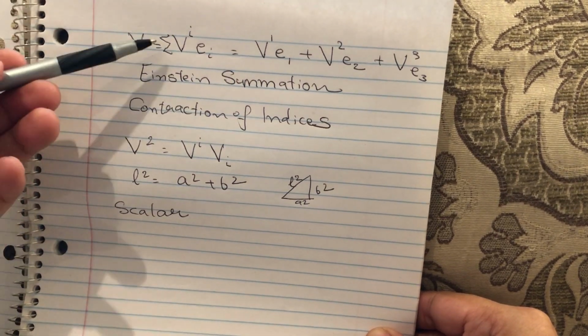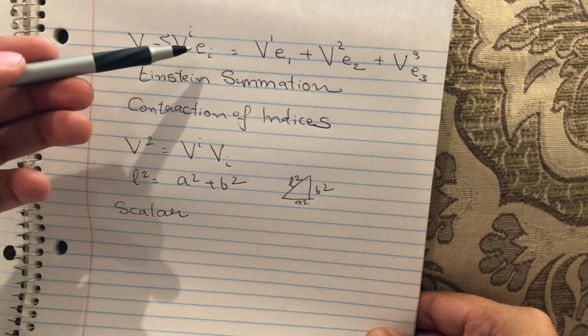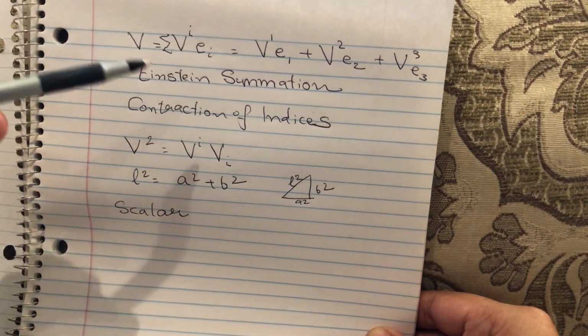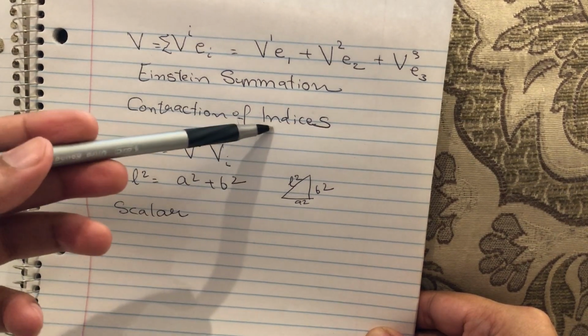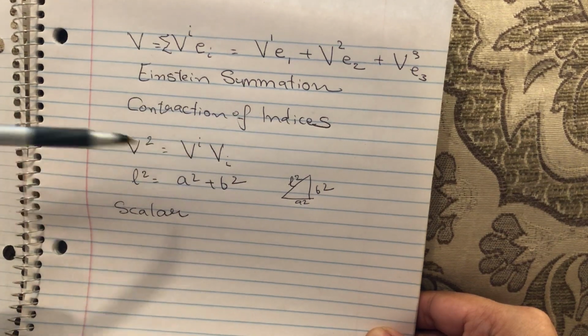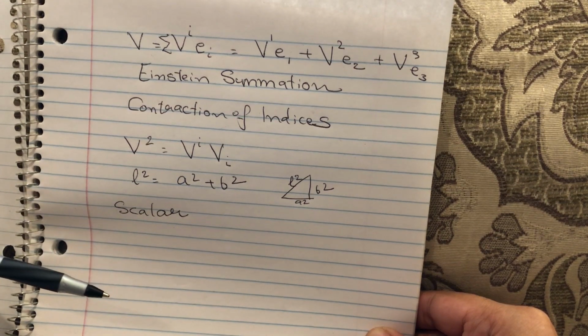But Einstein said, I don't want to keep writing these. It's implied when there is an upper and lower index. That's what it means. The other thing you will see is contraction of indices. You will see these indices being gotten rid of. And that's a very important operation.